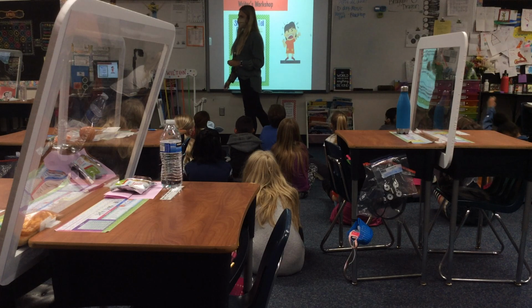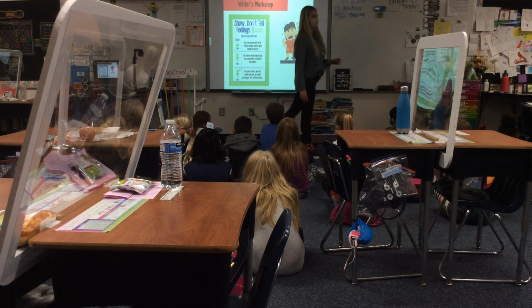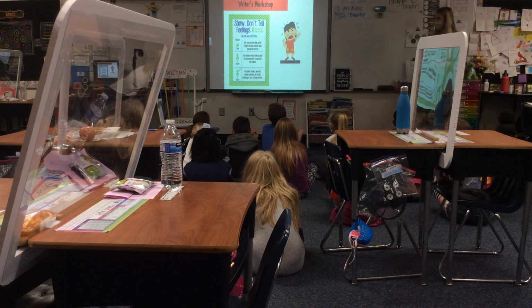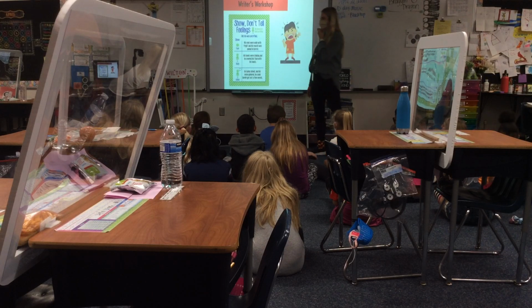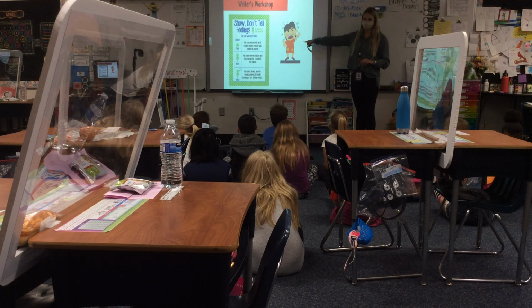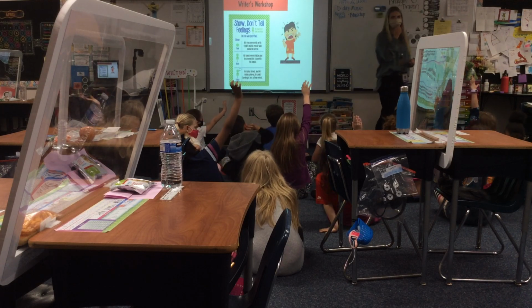So I want to give you an example of how we could decide how our characters look, or maybe sound. We're going to act out how our characters might look when they're angry. How does this little girl look? What feeling do you think we could describe? How does she look?